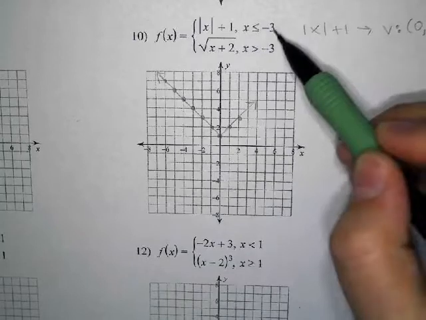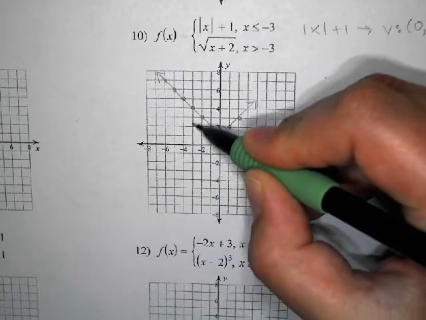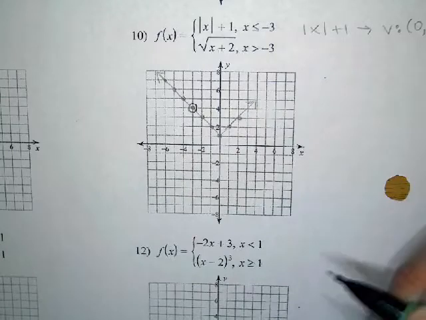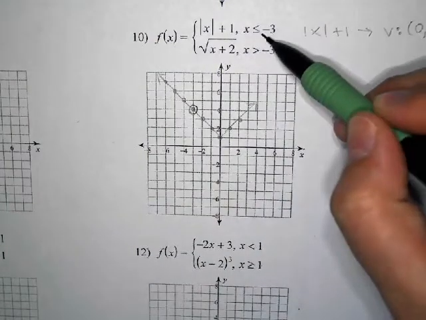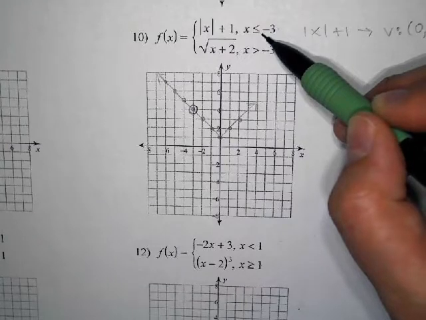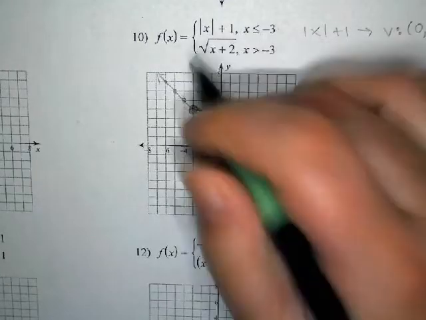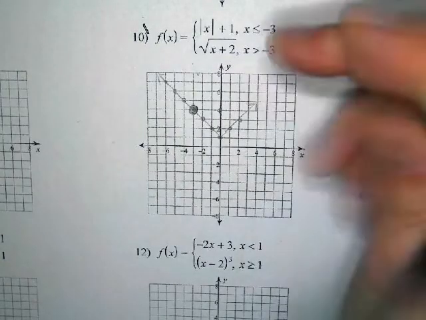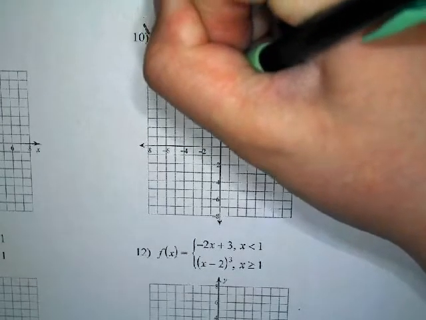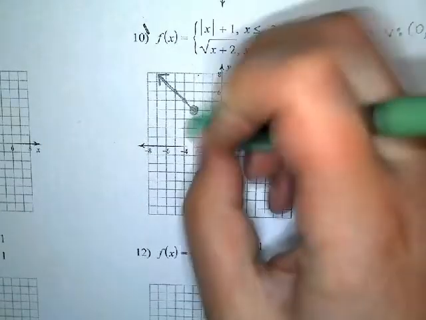So here's -3. I'm going to go up here and circle it. So there's the x value of -3. And then based on the symbol, should I fill it in or leave it open? Fill it in. And then am I keeping the left side or the right side? Less than, so I'm keeping the left side. I'm going to make this side dark, and then I'm going to erase the right side. Okay?